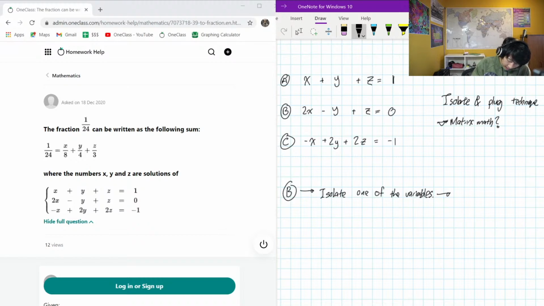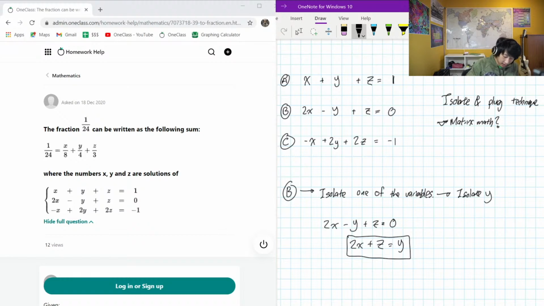In this case, let's isolate y. So here we have 2x minus y plus z is equal to 0. We could rewrite this by bringing y to the right-hand side, and we'll have 2x plus z is equal to y. Okay, and it's good to square these off.